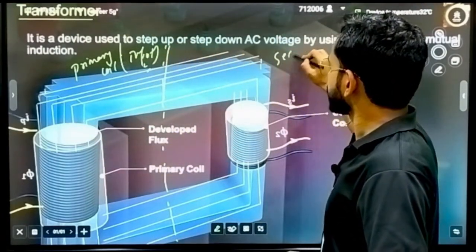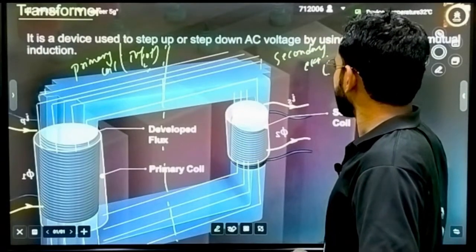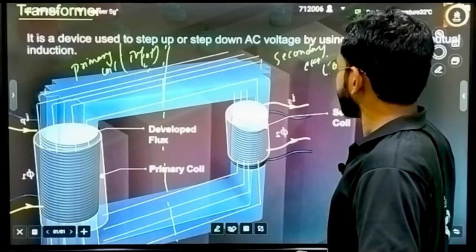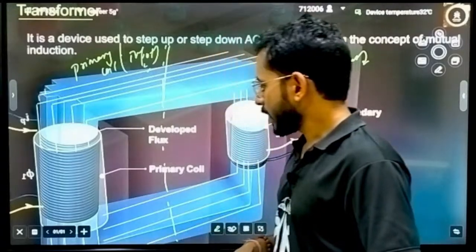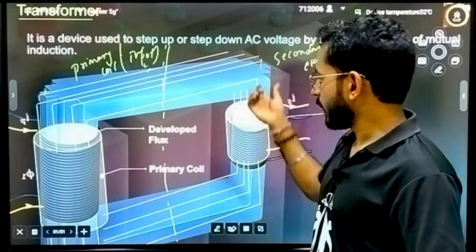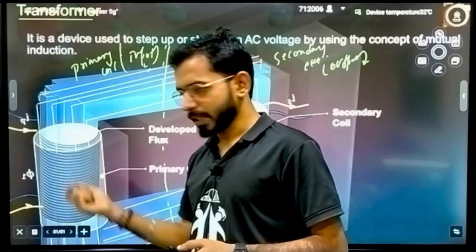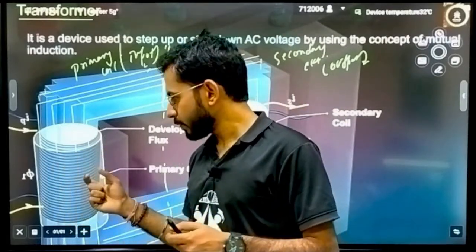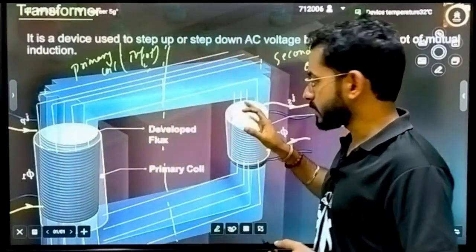The other section is called the secondary circuit, also called the output side. There is an iron core. Due to that, flux will be generated here as the current changes, and the same flux will be transferred here as well.